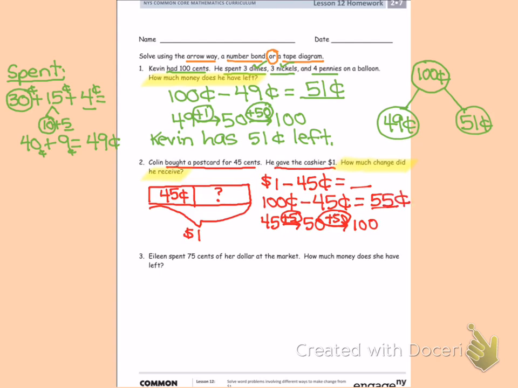So if he had $1 and he spent 45 cents, he gets 55 cents in return. How much change did he receive? Colin received 55 cents in change.